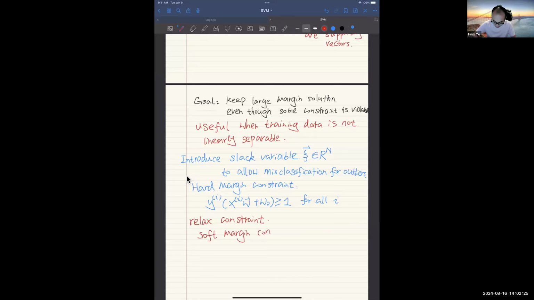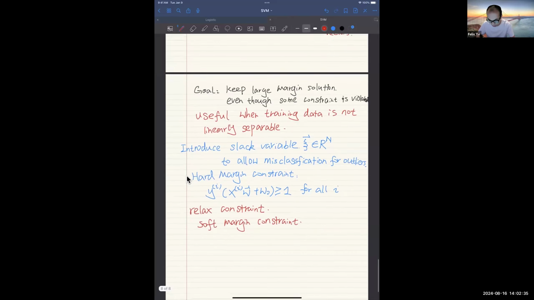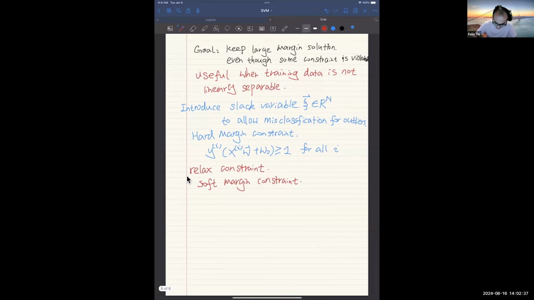So that means we allow certain situations where this hard constraint can be violated. The way to do it is we introduce that slack variable, and my constraint becomes the following. I'm going to keep the same color to indicate this is the same.